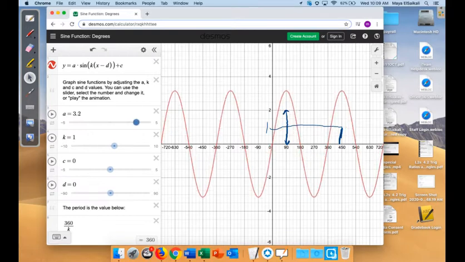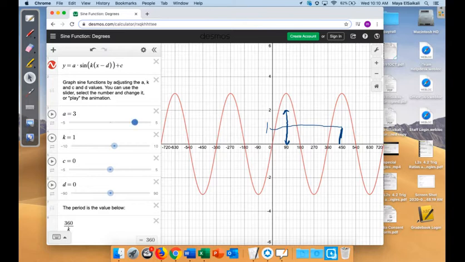Remember that the amplitude is always going to be a positive value, so you're always going to look at the positive value of it. You can also measure it from your axis down to the minimum, but remember that you always state it as a positive value, as an absolute value. So your amplitude in this case is 3.